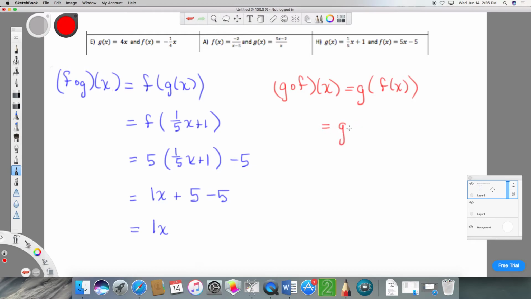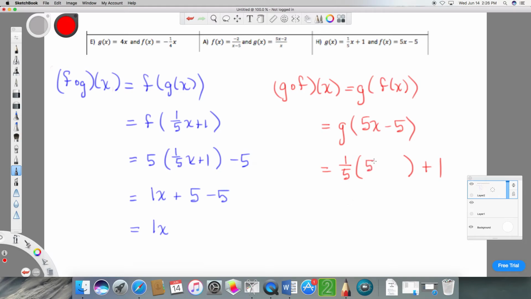All right, so f is this linear function 5x minus 5. And what does g do to the input? G always creates an addition problem where the first term is 1/5 times the input, and the second term is always 1.